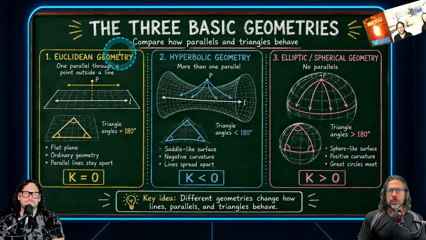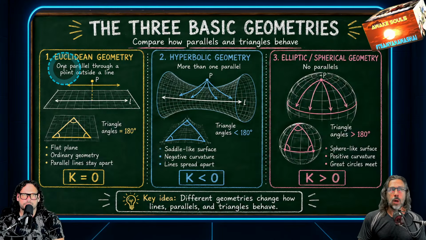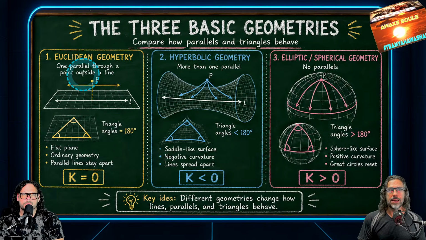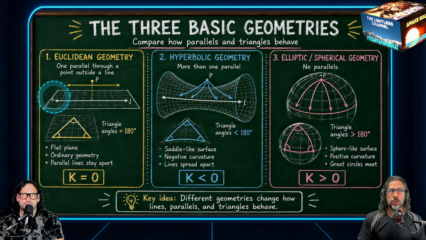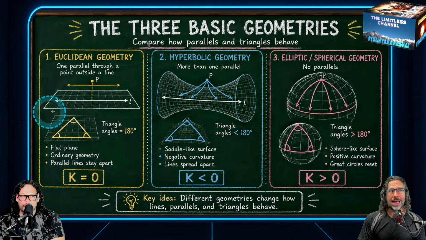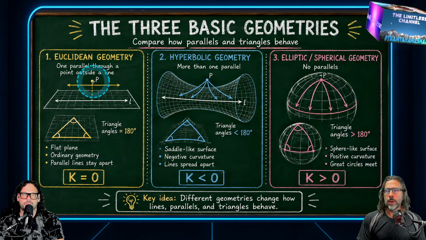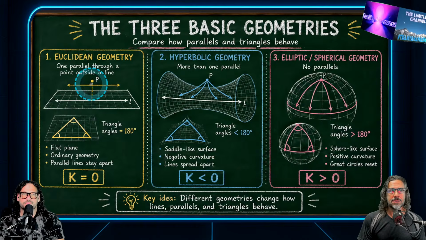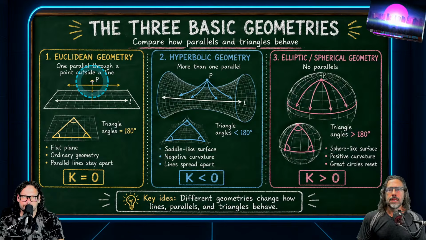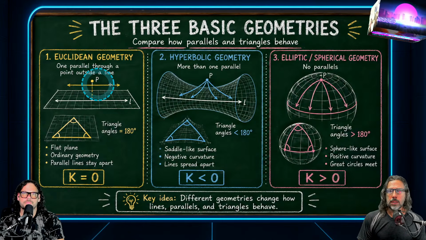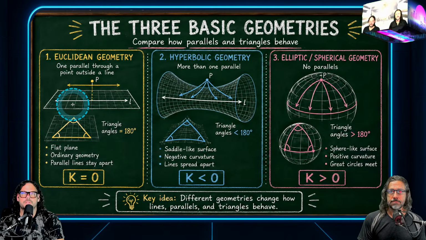Well, in Euclidean geometry, you have the fifth postulate, and that is that there is one parallel through a point outside a line. The way this graphic is, you're showing a plane, and you have a line within that plane, labeled L. If you have a point, which has no direction to it, the postulate is that there is only one parallel line through that point to your other line.